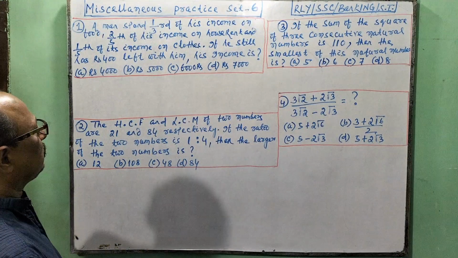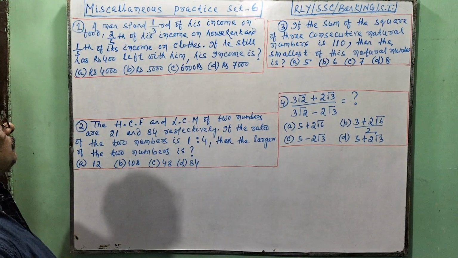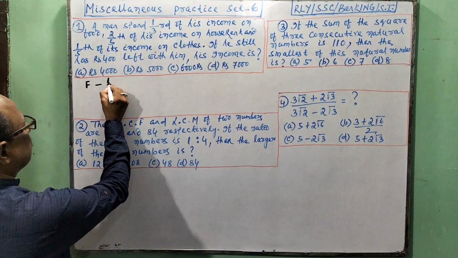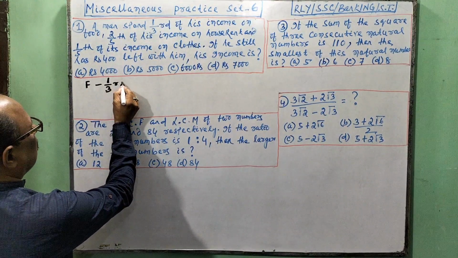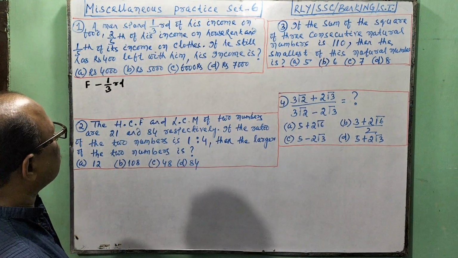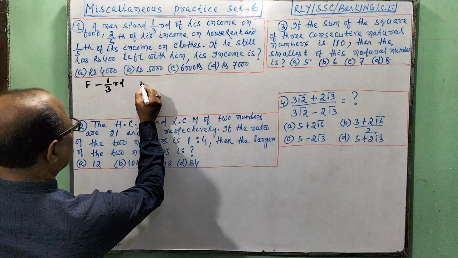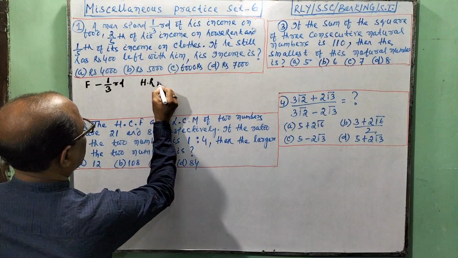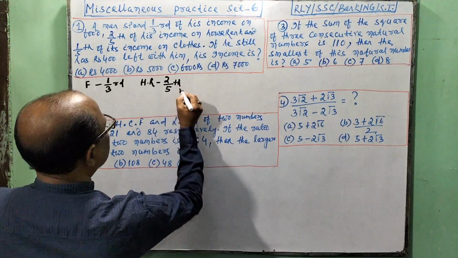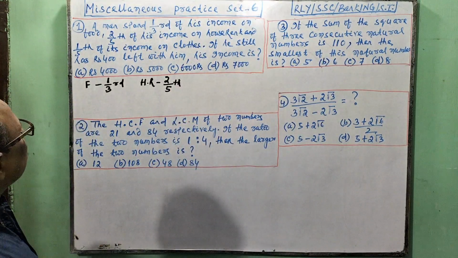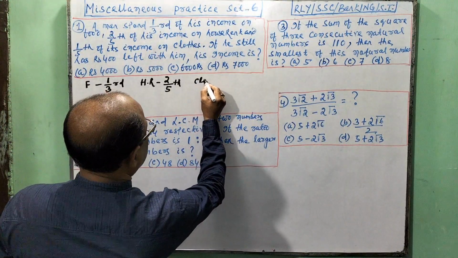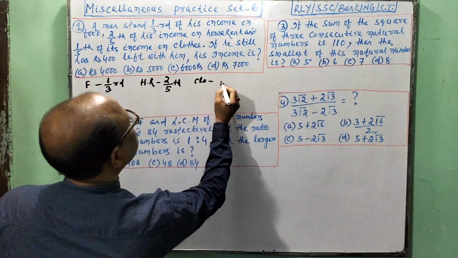A man spent 1/3 of his income on food, 2/5 of his income on house rent, then 1/5 of his income on clothes.